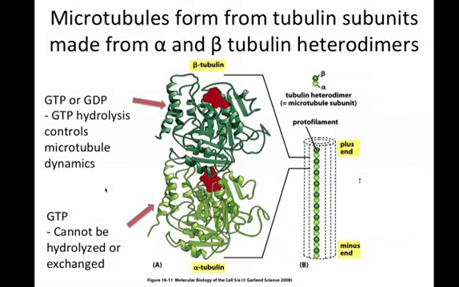Okay, so microtubules form from tubulin subunits made of alpha and beta tubulin heterodimers. And this is how they look. Both have GTP bound, but beta tubulin has the GTPase domain and hydrolyzes the GTP. When you're GTP bound, you're more apt to bind, and when you're GDP bound, you're more apt to leave.